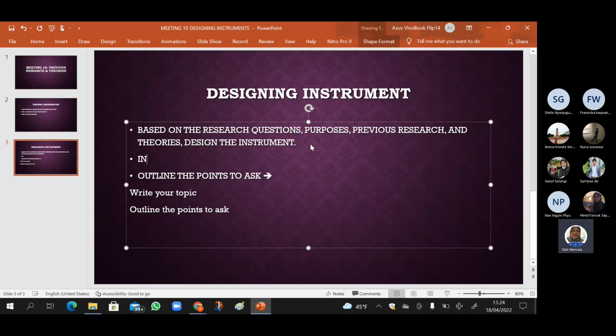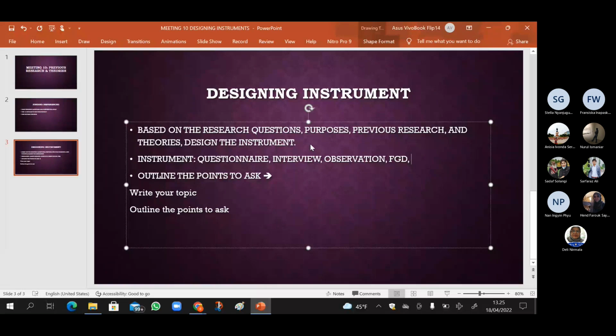Instrument can be questionnaire, interview, or observation, maybe focus group discussion, or maybe DCT, discourse completion task.